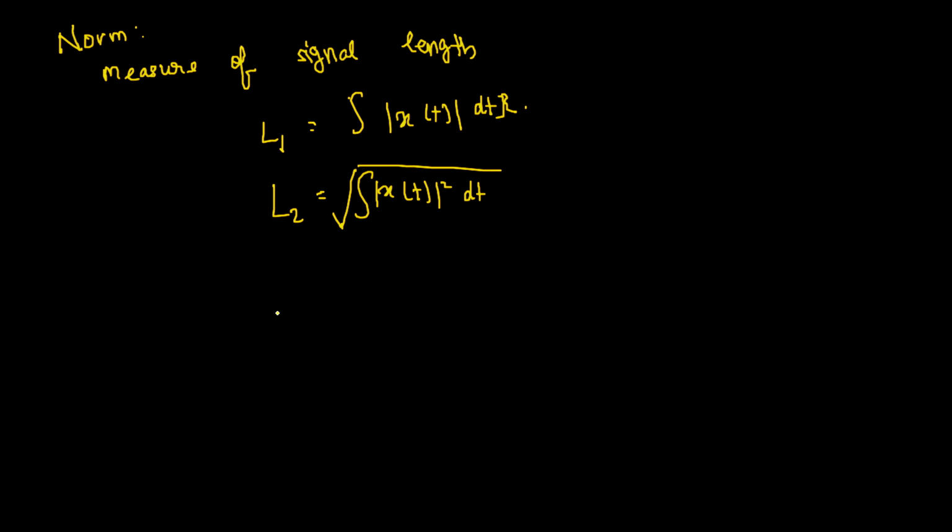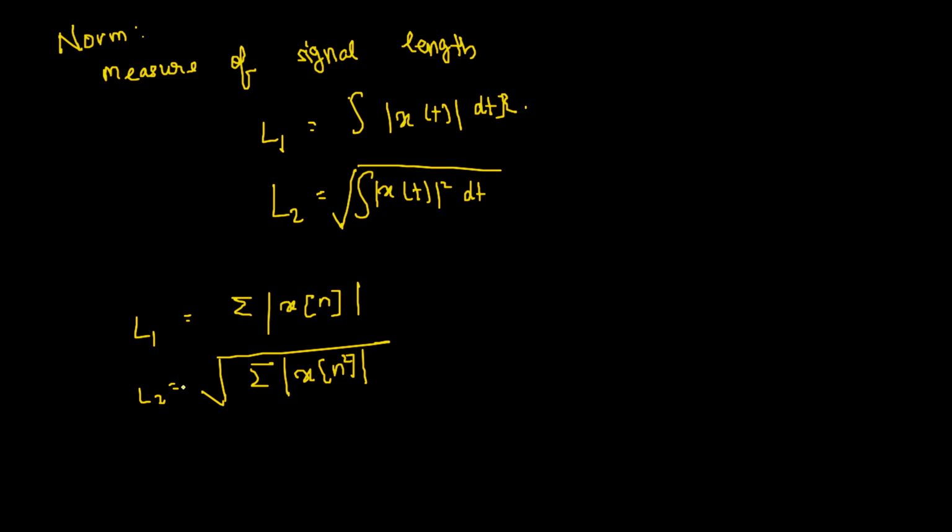and so on. If you are talking about discrete, L1 is equal to the summation of mod x[n], and for L2, we'll have the square root of the summation of mod x[n] squared.